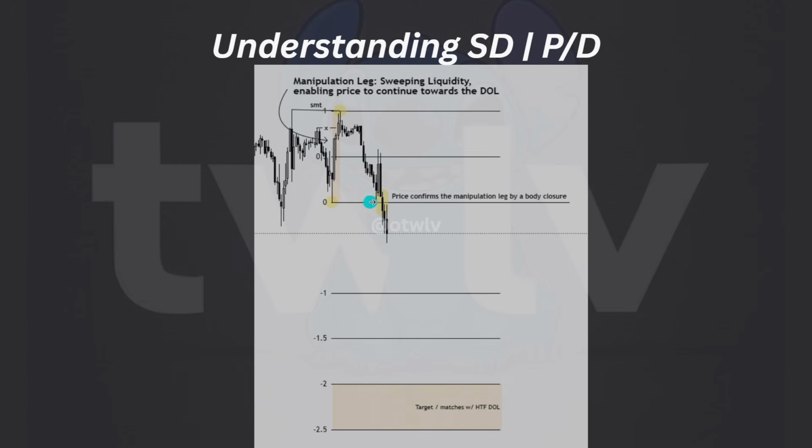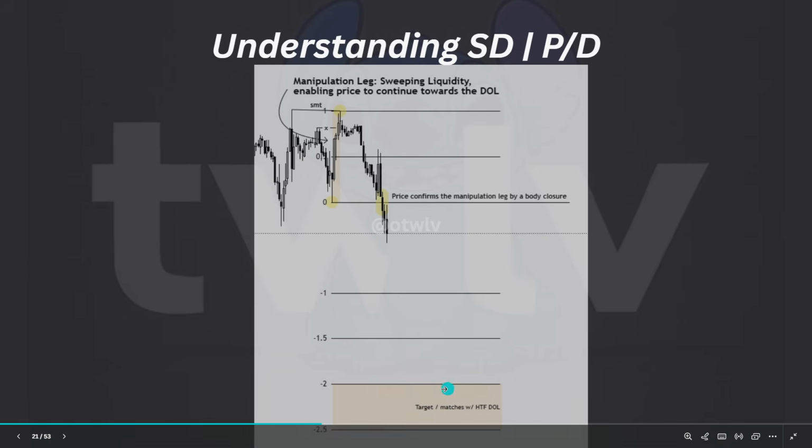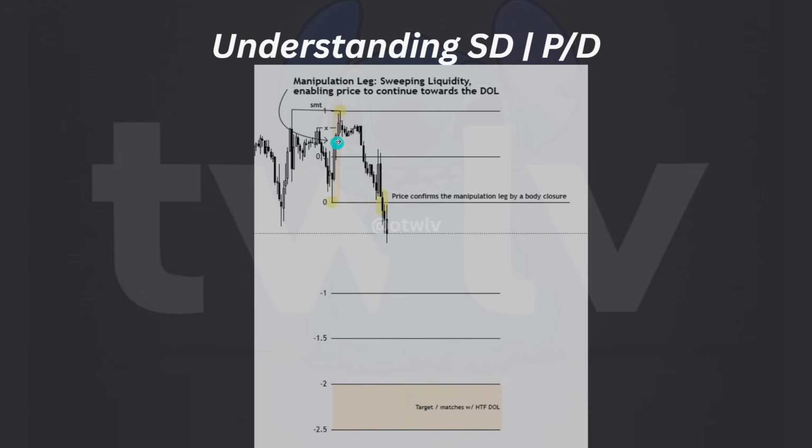So we break the low, you draw out your fib, and then this is where we can anticipate price to expand, right? Because we have the average price here, consolidation, and then we see that we sweep the high. Now there was an SMT here, so that means ES took this high, so we can confirm this is a protected high.